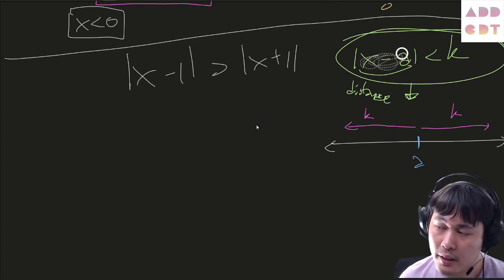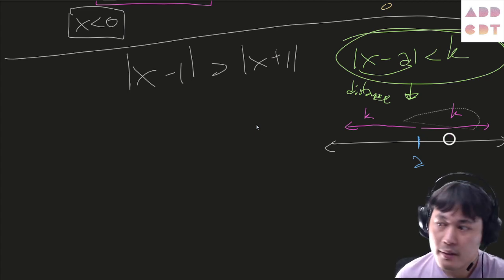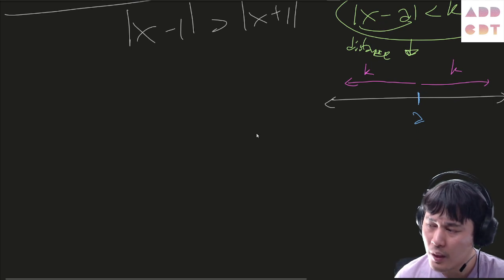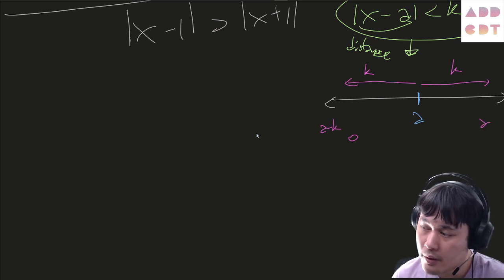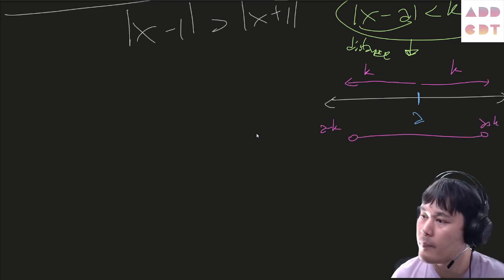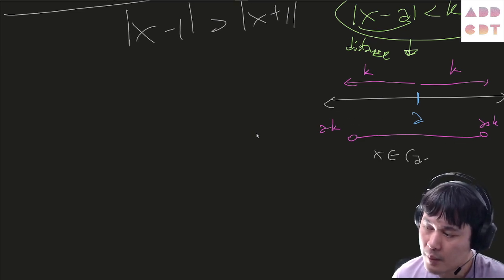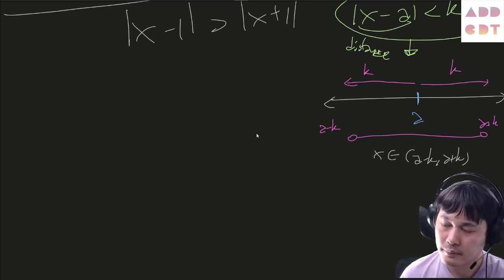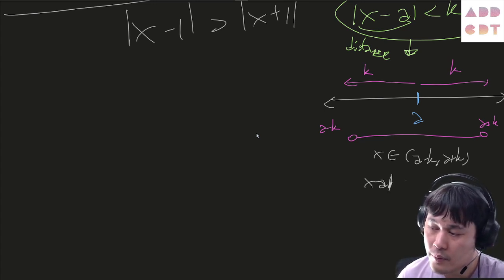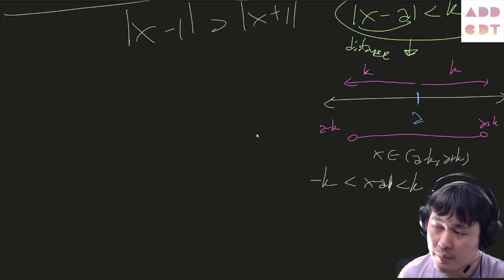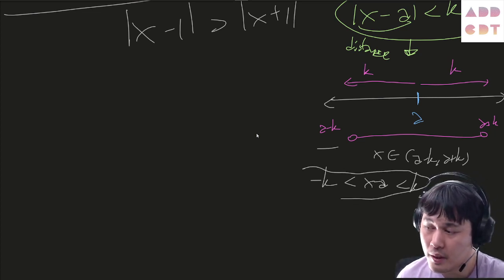We are looking for a number whose distance is not too high, is smaller than k, and that's exactly this interval, which you can see immediately is the interval from a minus k to a plus k, or x is in (a minus k, a plus k). Is it actually the same as the definition where we say that x minus a is between minus k and k? And that agrees with our definition.